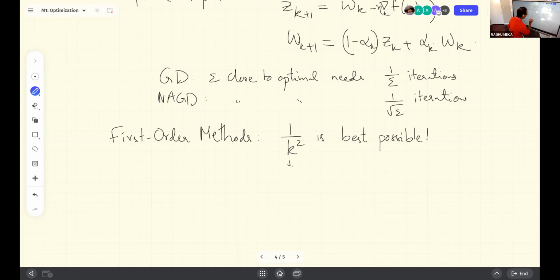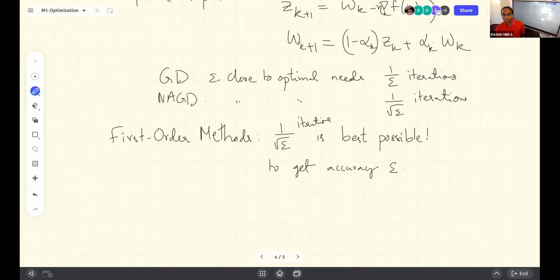So k here is the number of iterations. So maybe let me write it this way. 1 over square root epsilon iterations is best possible to get accuracy epsilon.